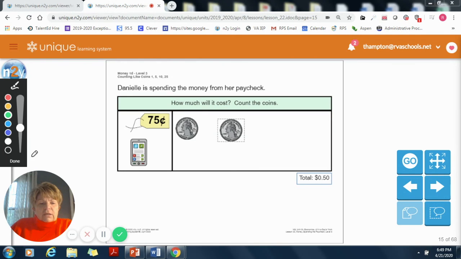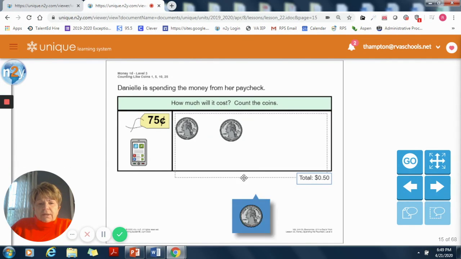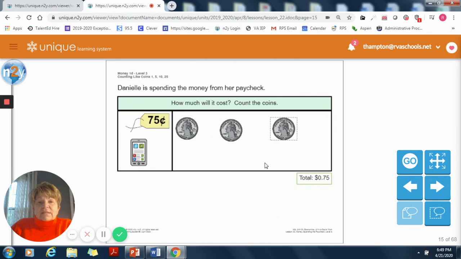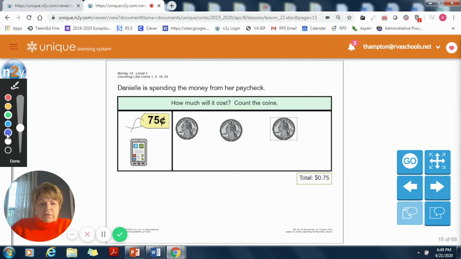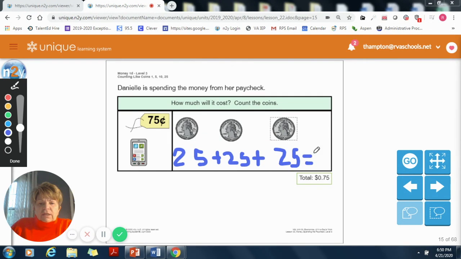All right, so we have 25 and 50. Now we need another coin, 75. So we have 25 plus 25, which we know is 50, plus 25 more, and that is going to equal our 75.